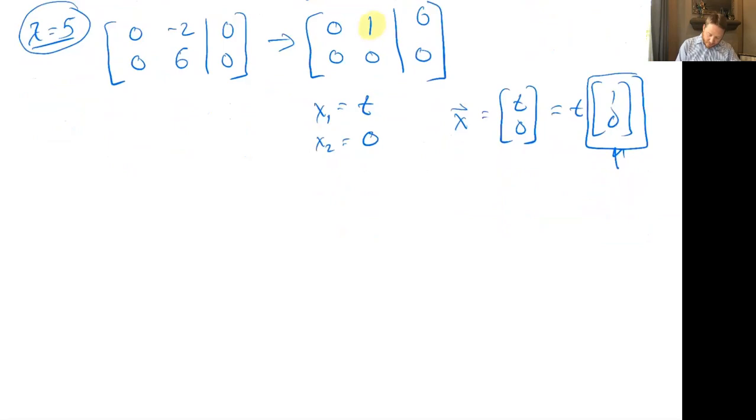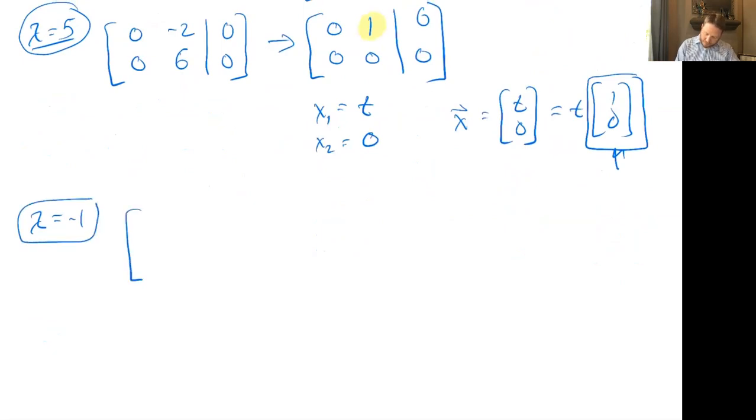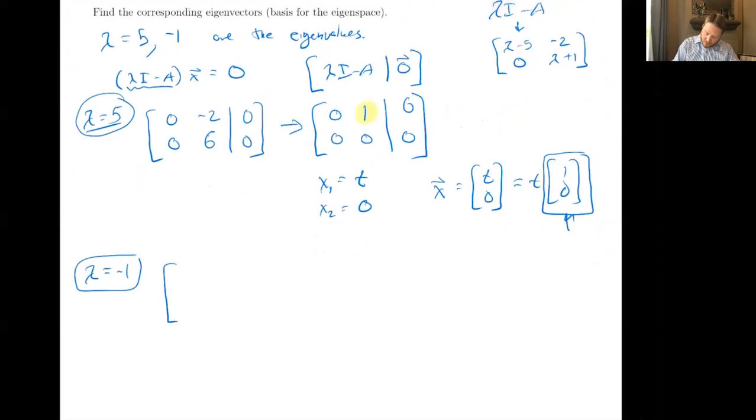Then we do it all again. What about lambda equals, what was it? I already forgot. -1. What about lambda equals -1? Well, let's plug that back in to our lambda I minus A. And so -1 minus 5 is -6, -2, 0, 0.